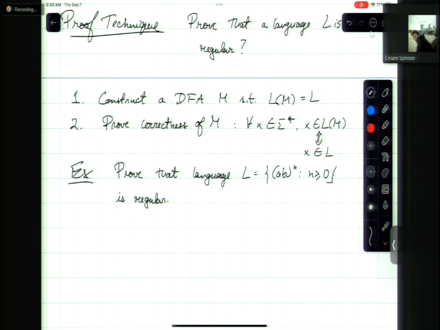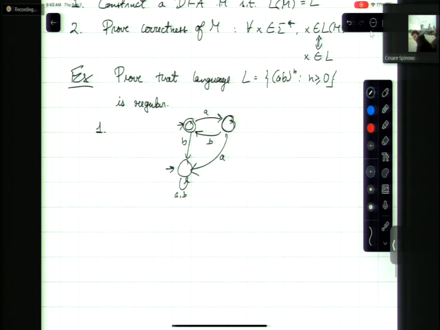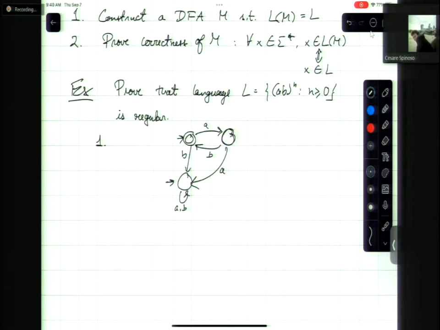I have purposely chosen a language for which we've already designed a DFA, otherwise I wouldn't have time to finish this example. And so magically, it appears here. Oh, that was cool. Okay, so that's the machine that accepts L. This is M. I need to prove that L(M) is equal to L. And to do that, let me just relabel these states. I forgot to do that.